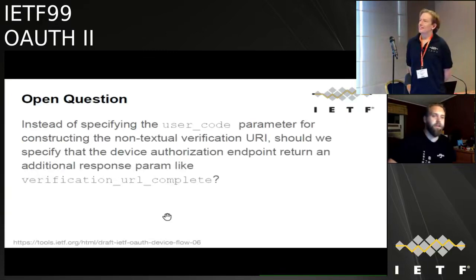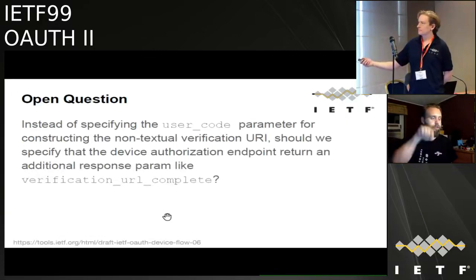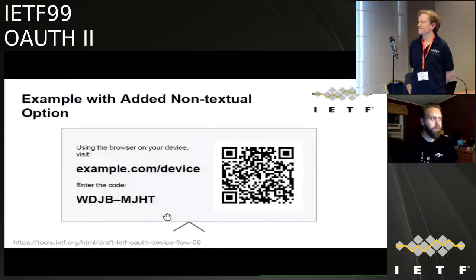So the basic thought here, William, if you could go back to your high definition TV graphic there, thank you. This picture is actually impossible with the current spec. Because what you would get is example.com/device?user_code=WDG and so on.